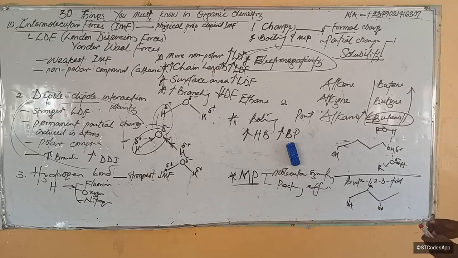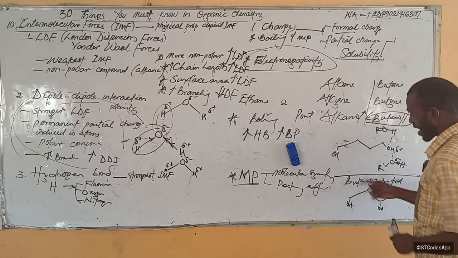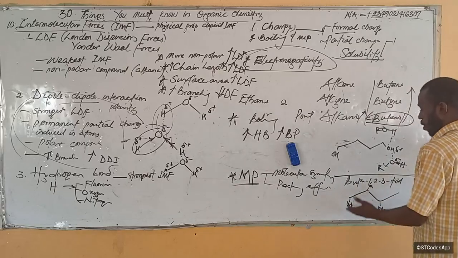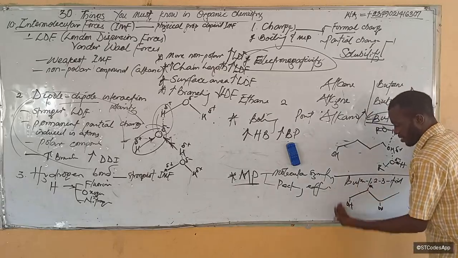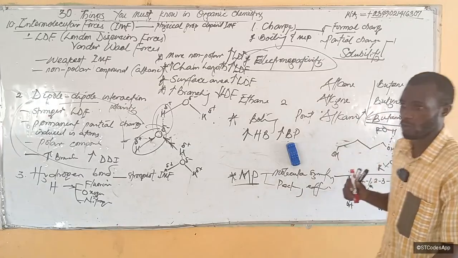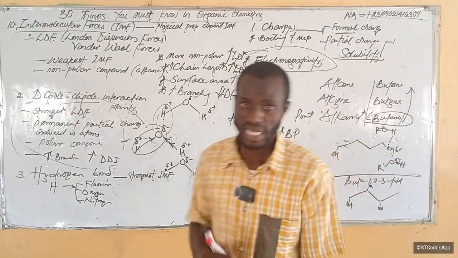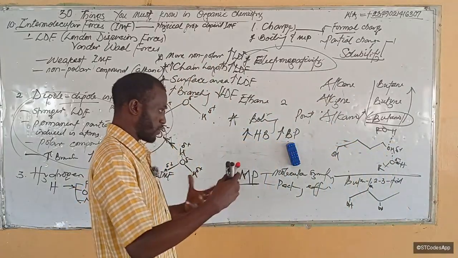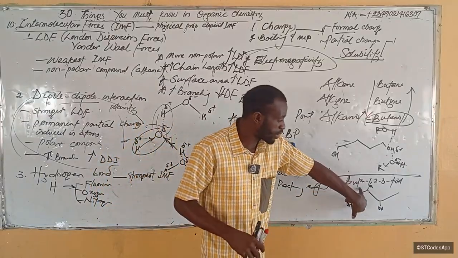So for something like this, it's going to have a very high boiling point. Why? Because of this guy, the OH groups that are attached. So there will be more dipole-dipole interaction. And the higher the dipole-dipole interaction, the higher the boiling point. So this guy will have a high boiling point.